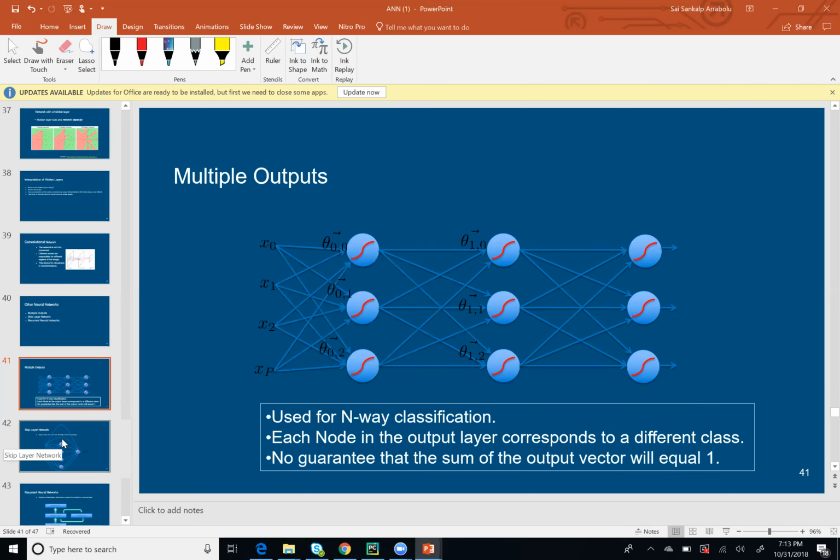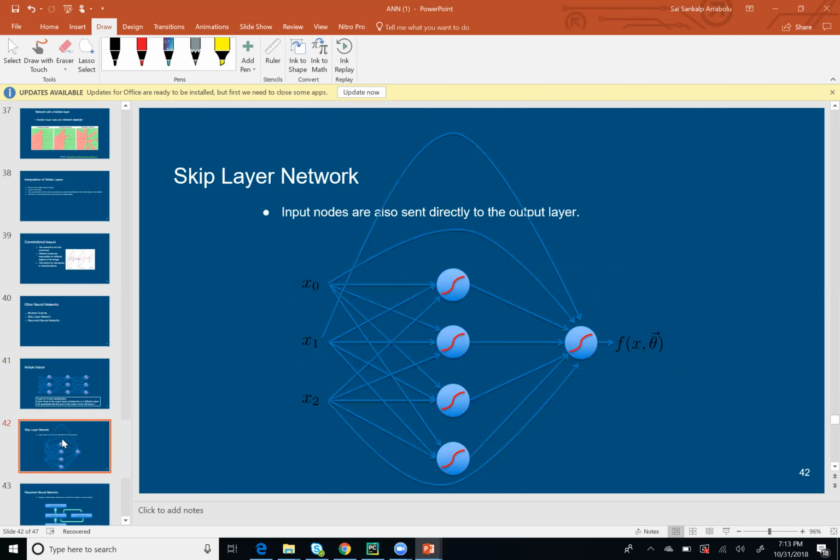But there are some neural networks called skip layer networks. In this, the input is given to the next layer also. It skips this layer: the input is given to this layer, and also to this layer. There are some networks, especially in language classification, where the hidden layer also needs that information.